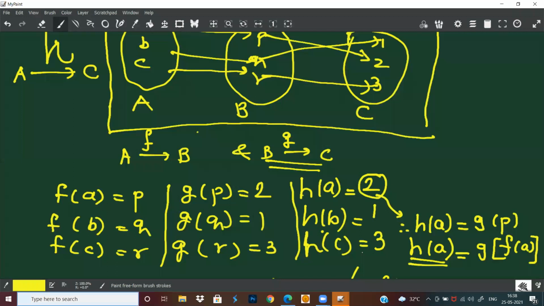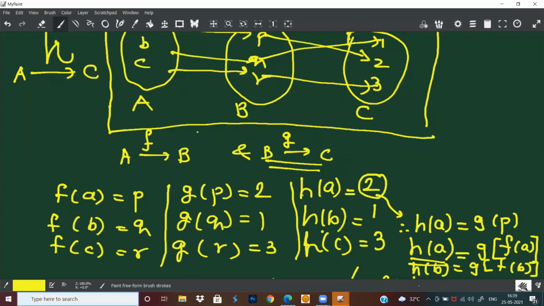h of a is g of b. What is h of b? g of q. In place of q you can put f of b, like here. Crystal clear? Okay, great. So I don't have to write h of b is g of f of b and so on.